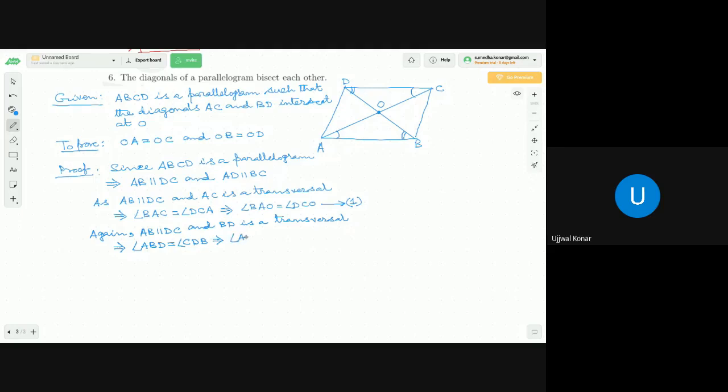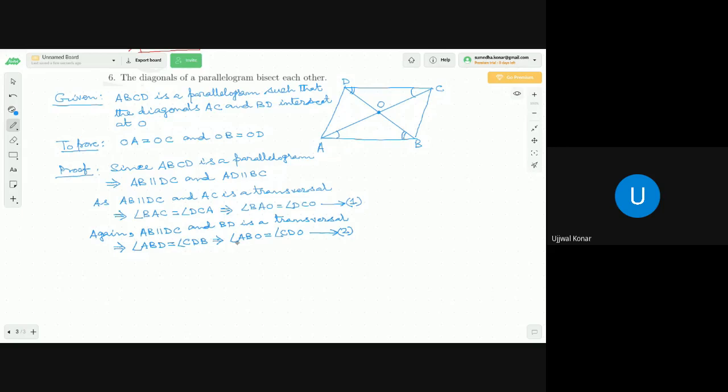Angle ABO is equal to angle CDO. Correct, dear students? So this we give as equation number 2. Now let us consider two triangles. The first triangle is the triangle AOB, and the second triangle is the triangle COD.